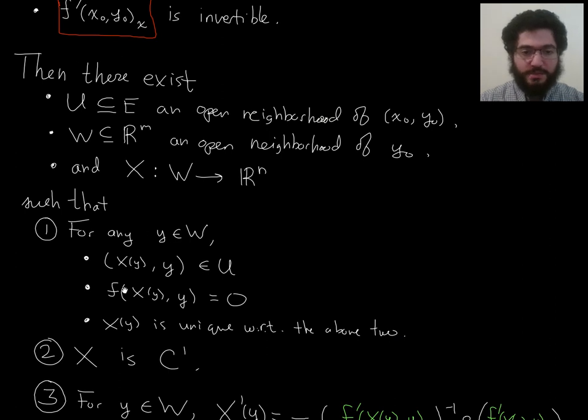What we want is that for any given little y, capital X of little y ends up being the unique value of x that can be paired with y in order to have the f of them be 0. So let's think about how we can do that.